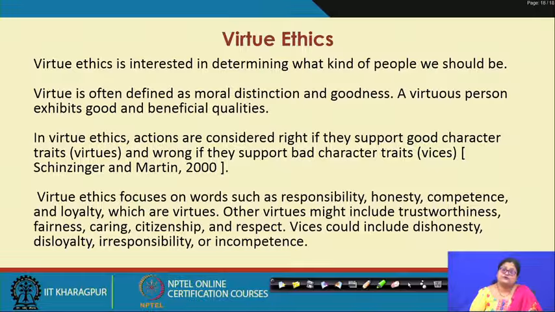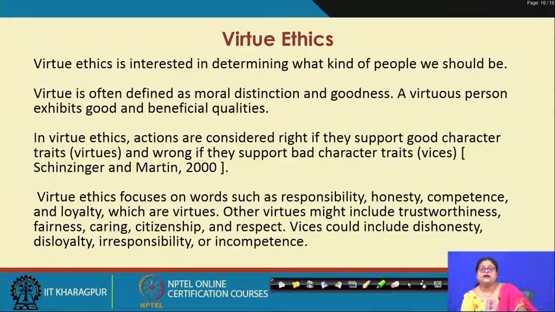Virtue ethics focuses on words such as responsibility, honesty, competence and loyalty, which are virtues. Other virtues may include trustworthiness, fairness, caring, citizenship and respect. Vices could include dishonesty, disloyalty, irresponsibility and incompetence.